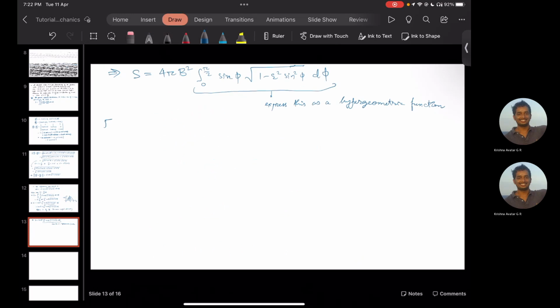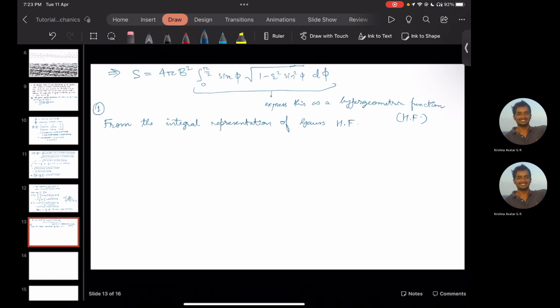Okay, so from the identity that I had discussed from the integral representation, I'll use two methods. One is from the integral representation of the Gauss hypergeometric function, I'll just call it Gauss HF.